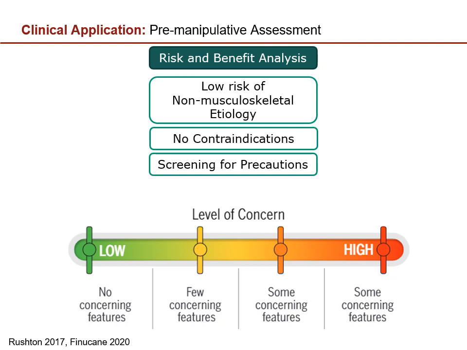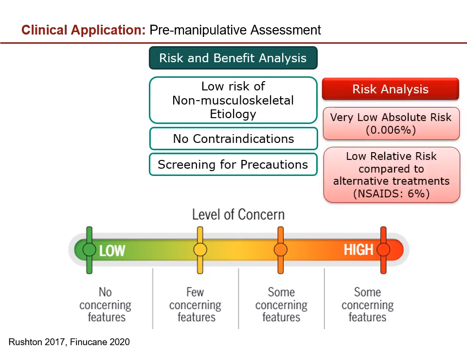It really is not a dichotomy, unfortunately, of yes and no, but rather there's no concerning features, some concerning features, and some additional concerning features that would otherwise put you at higher suspicion that this patient is either not appropriate for manipulative therapy and or not appropriate for physical therapy in and of itself, be it with adjunct medical management, or potentially just completely sending them off to get further diagnostics and medical management, depending on the seriousness of the suspected etiology.